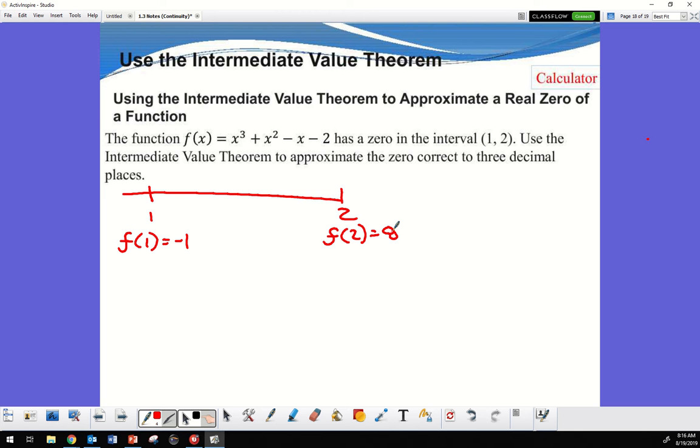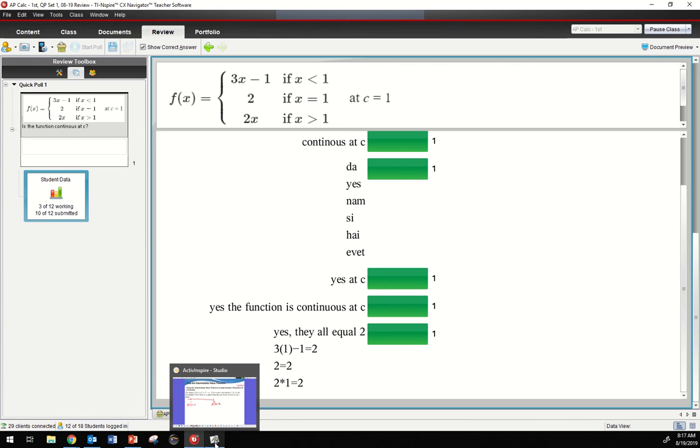What do you think it's closer to? Think about it. Your domain is only between 1 and 2. Where do you think it would approximate to be? Okay, so maybe closer to 1, like 1.2.